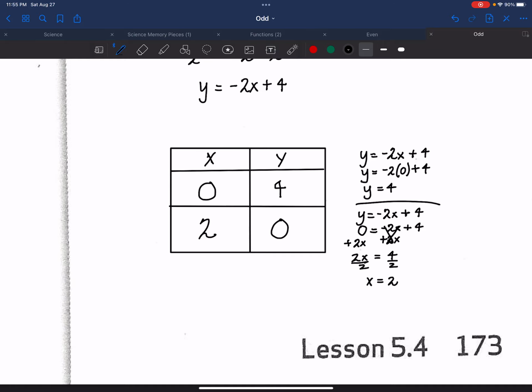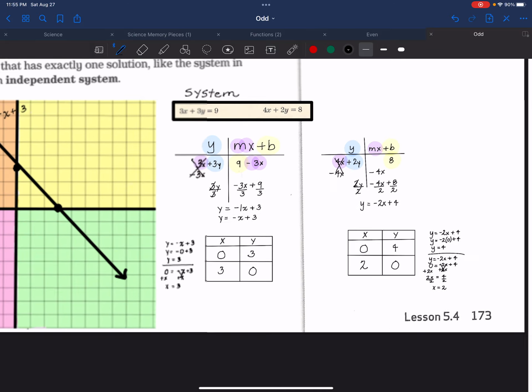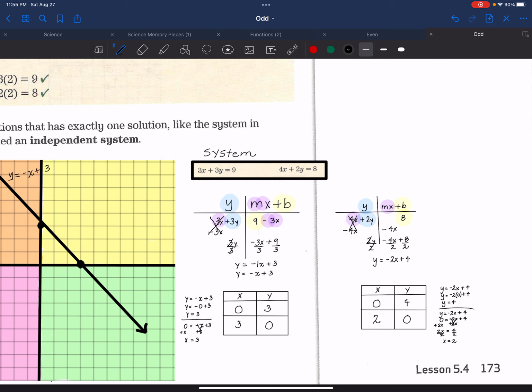And then I'm going to graph this table of values. So 0, 4 is up here. And then 2, 0 is right here. And here comes the line right down through here.